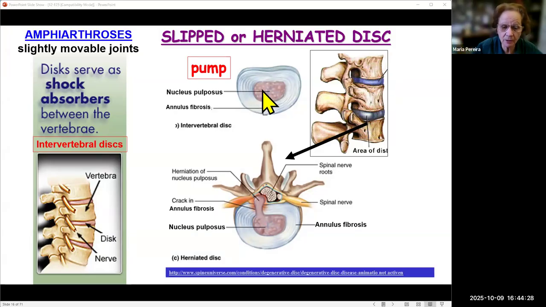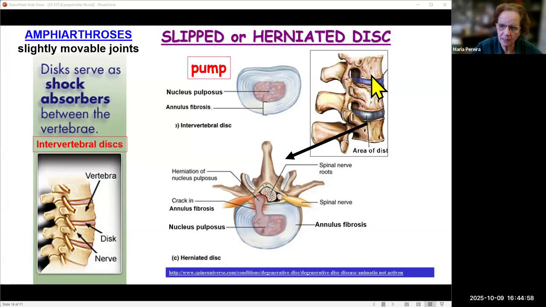So this nucleus pulposus contains a lot of water. And why is that necessary? It is necessary to serve as a cushion. So you see here the height of the intervertebral disc. When you're lying down and relaxed, the water remains in the nucleus pulposus.